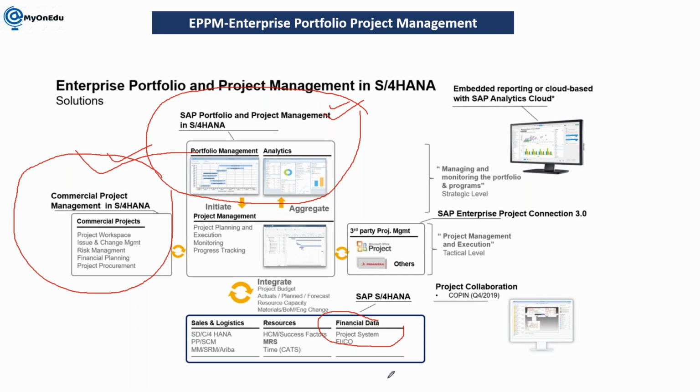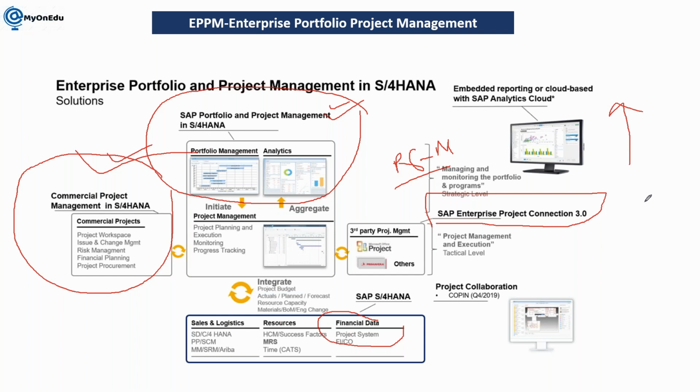So whenever we install the S4HANA core system, we automatically get PPM, CPM, PS, and other additional EPPM modules. One more module is called EPC, Enterprise Project Connection, which helps us integrate with Primavera P6 and MSP. That also comes with the core system. On top of that, as a cloud solution, we have innovation management also, but that is only available in the cloud solution, not on-premises.